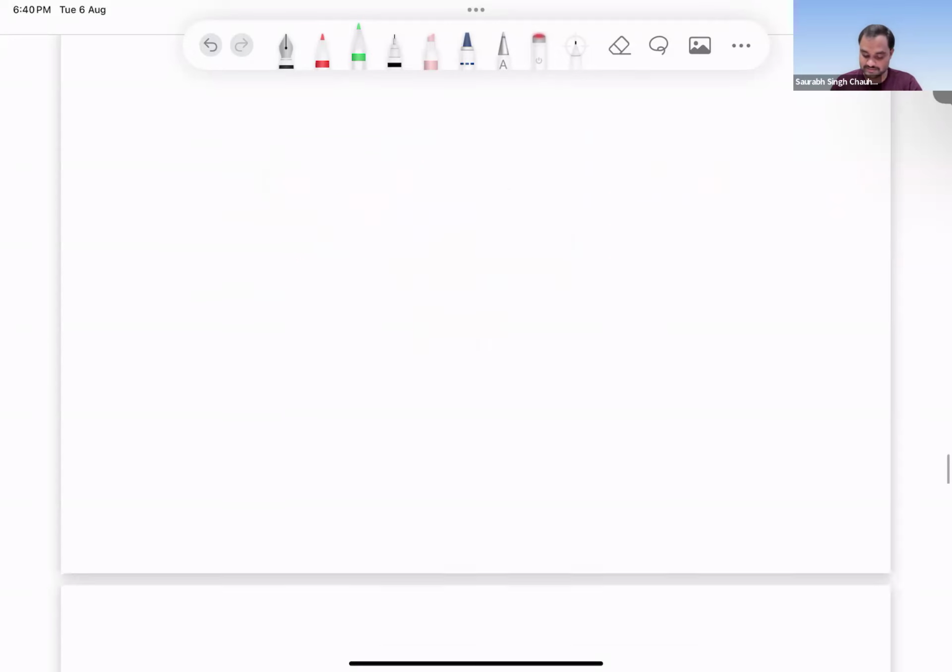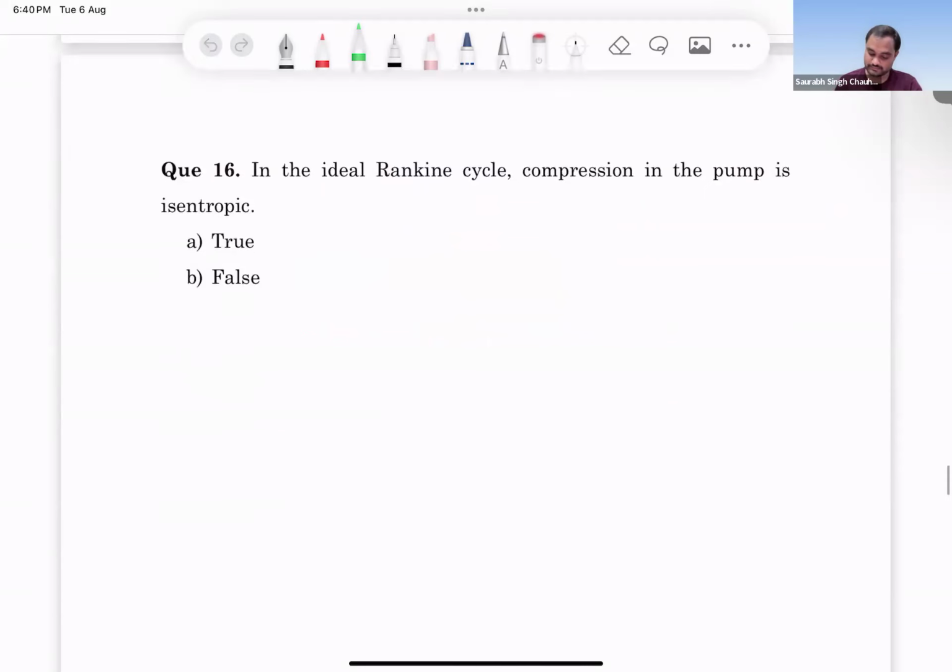So we'll move to question number 16. Question number 16 says, in an ideal Rankine cycle, compression in pump is isentropic. So isentropic means no entropy generation. So that means it is an ideal process.